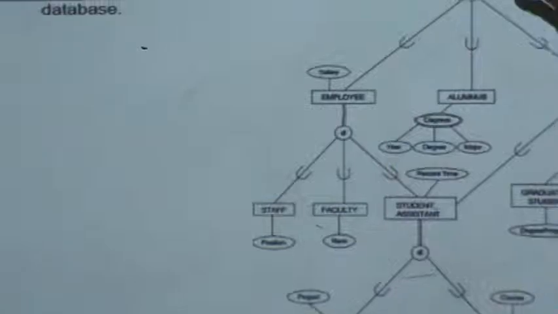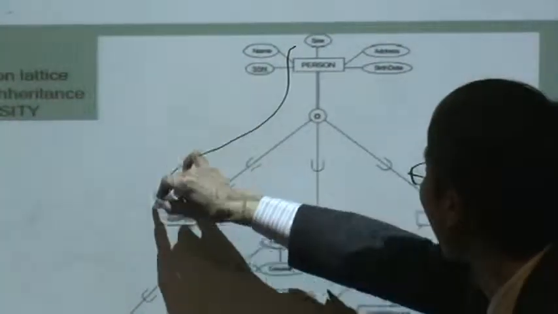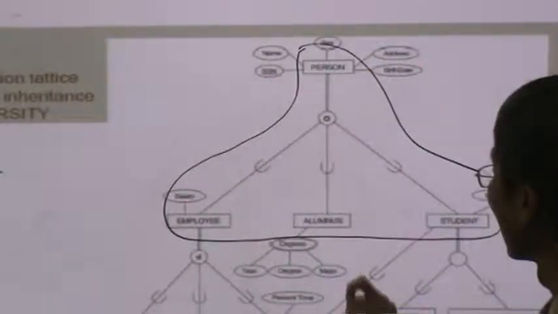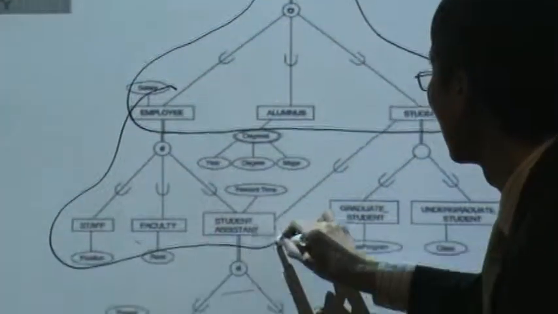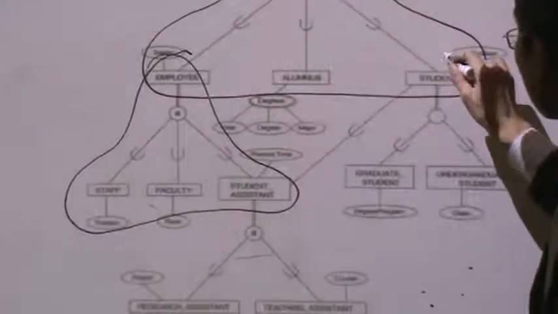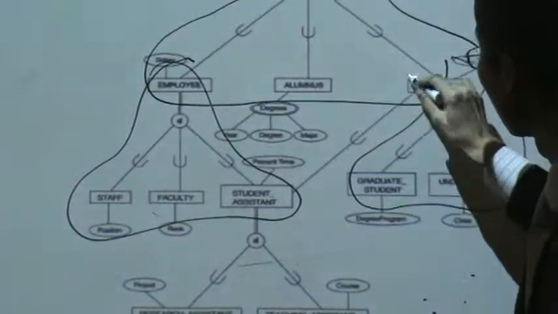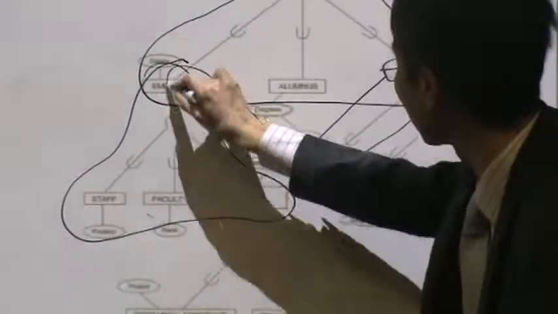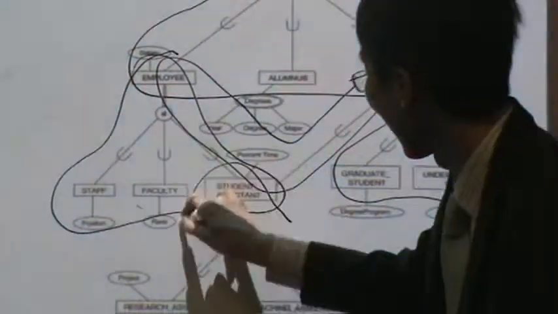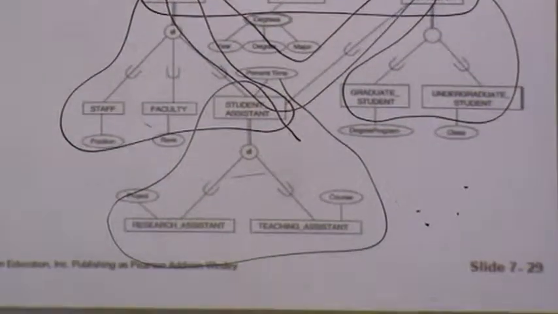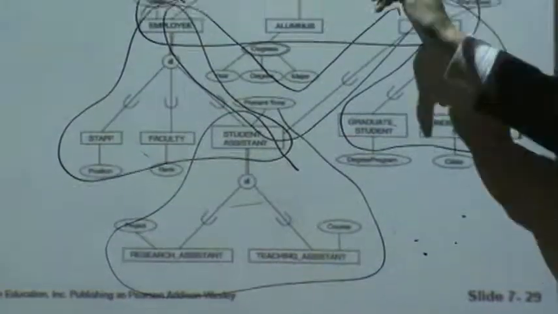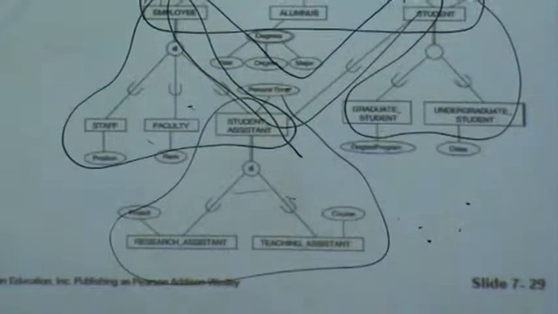First, take a look at how many super and subclasses you can find. One, two, three, four is a multiple inheritance, five. One, two, three, four, five super and subclass relationships.